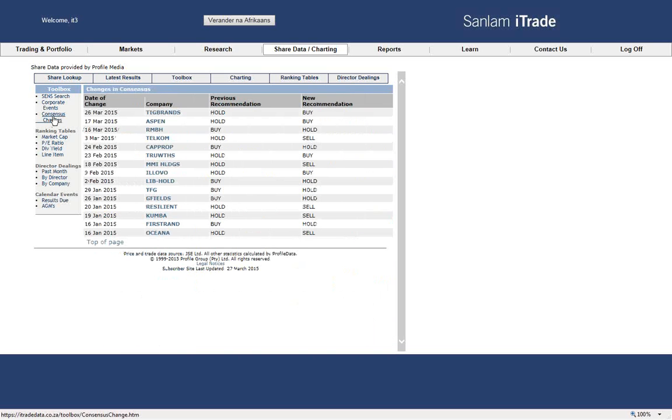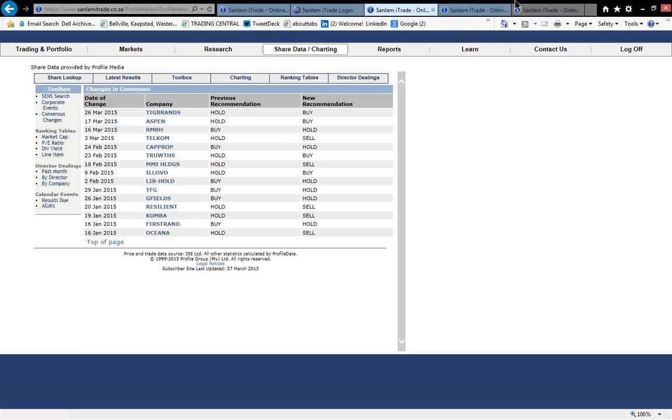There's also consensus broker forecast that tells you what companies are thought of by research analysts. Profile Media polls about 10 research houses like JP Morgan, Deutsche Bank, Netcare Securities, and so on, and they get information of whether they think it's a hold, a buy, or a sell, and you can see the changes there.